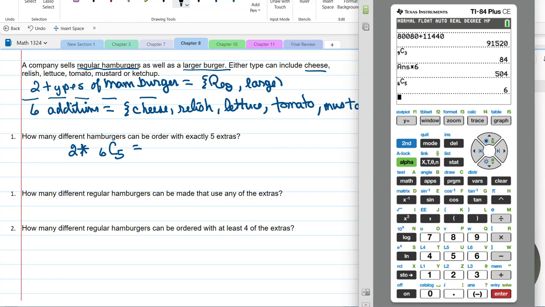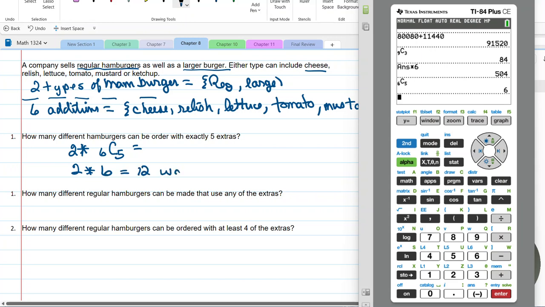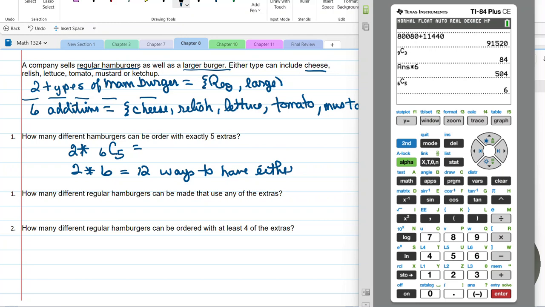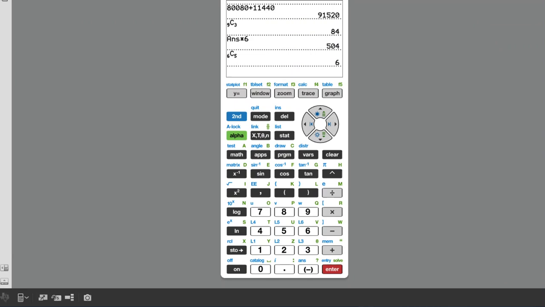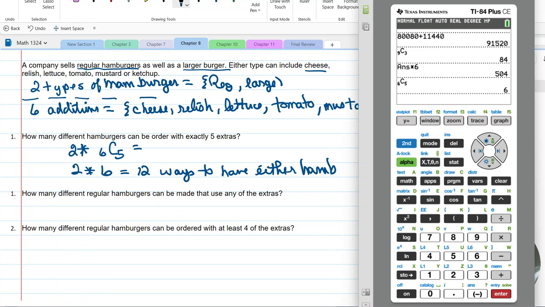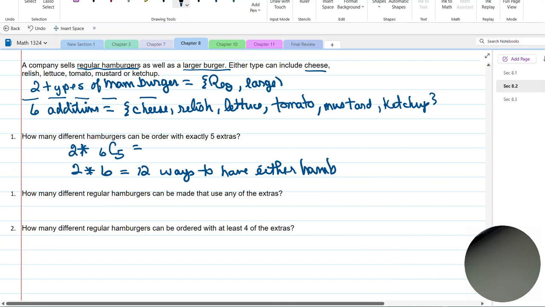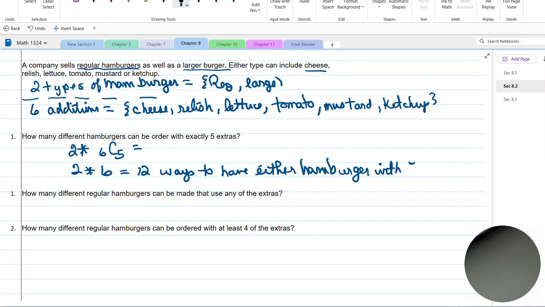And there are 6. 12 ways to have either hamburger with 5 extras. Okay, that was not hard.